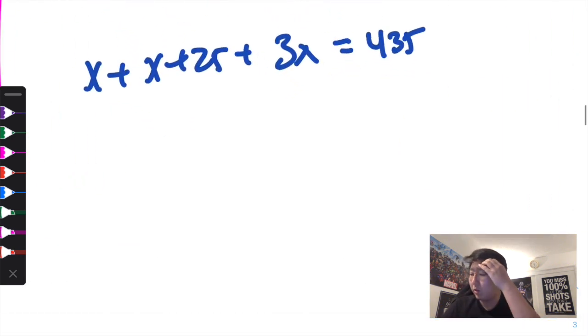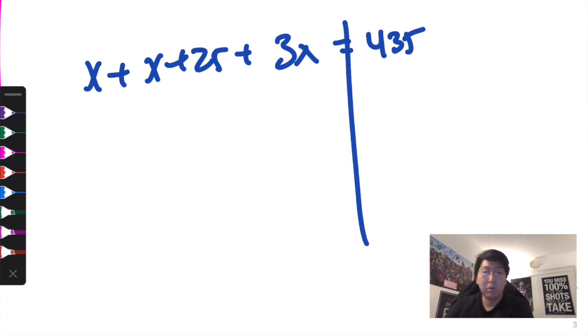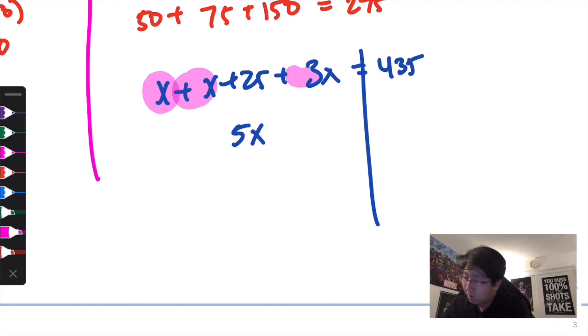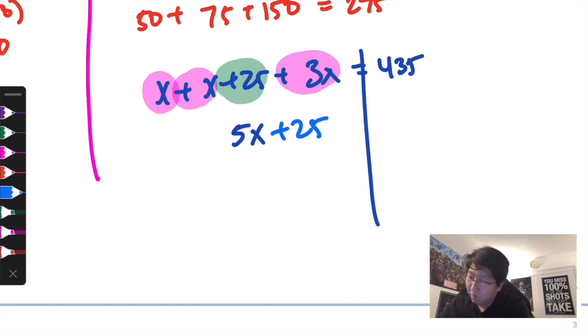Let's go ahead and solve. This is what I want you to be able to do. Let's combine like terms. 1 plus 3 is 4, plus 1 is 5x plus 25 equals $435.